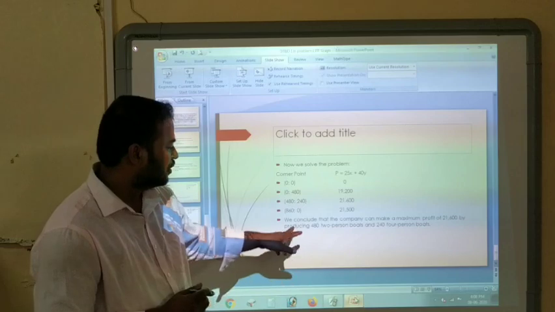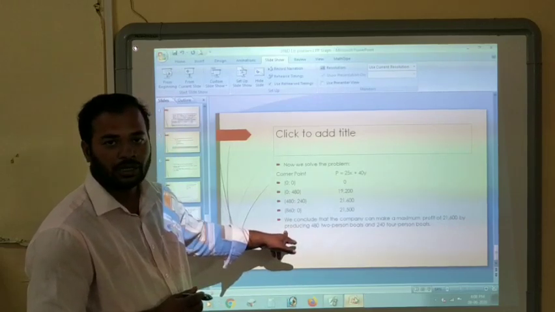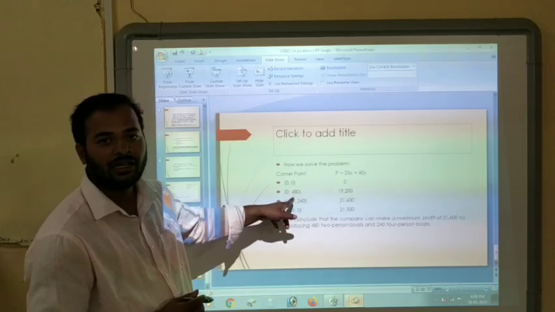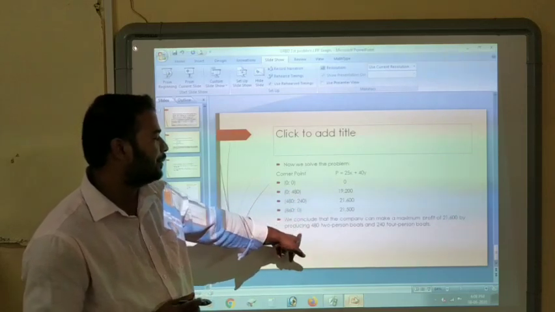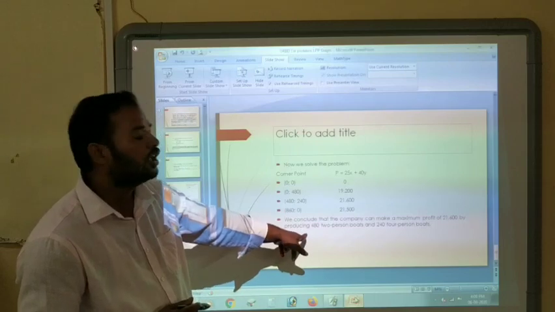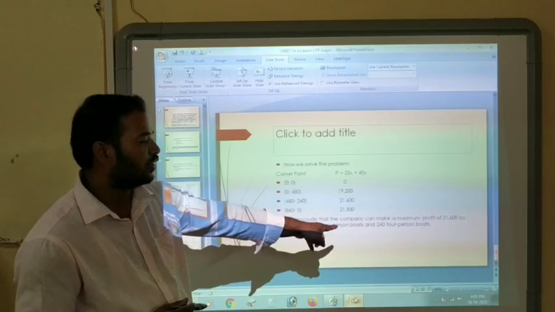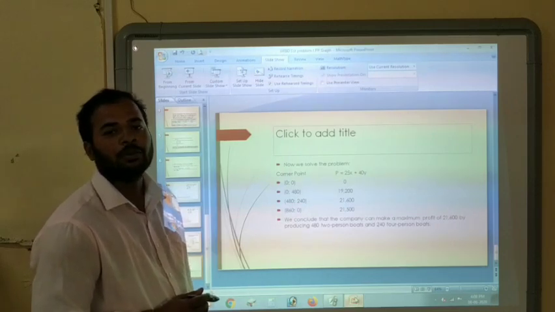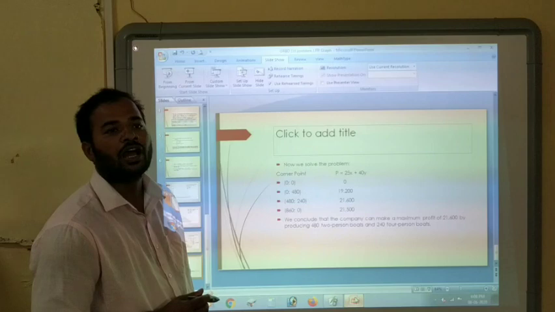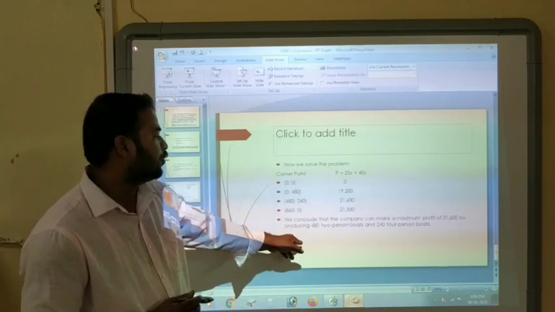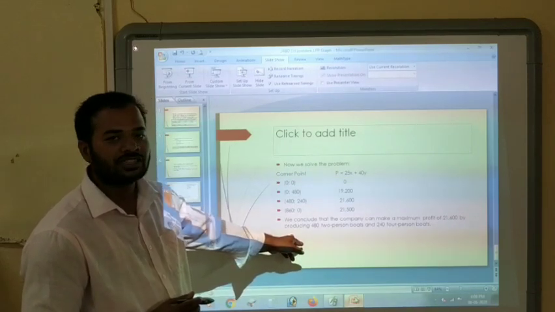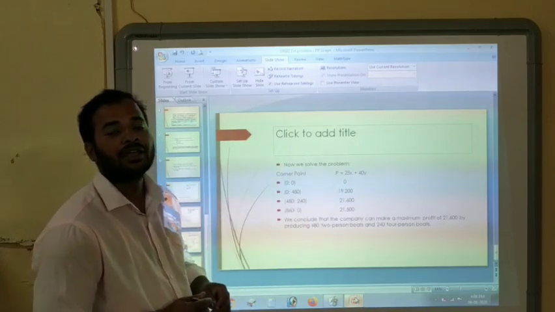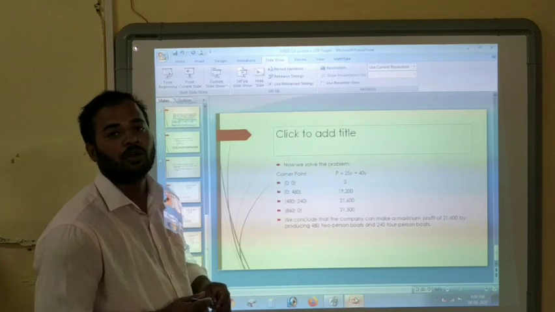Here 480 means 2% boards, and 240 means 4% boards. If the company wants to make maximum profit, the company would have to manufacture 480 2% boards and 240 4% boards. Then only the company can get the maximum profit level.